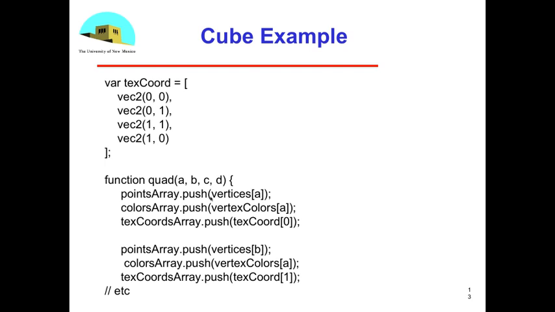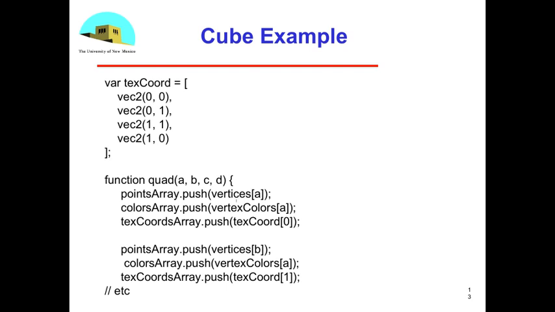Now if I look at the quad function, this is the beginning of the same quad function that we've been using all along, and the only thing I'm changing here is to add an array, texCoord, a coordinate array, and what I'm going to do is push the values of the texture coordinates onto that array.